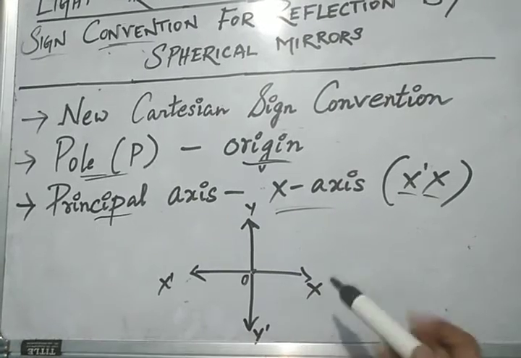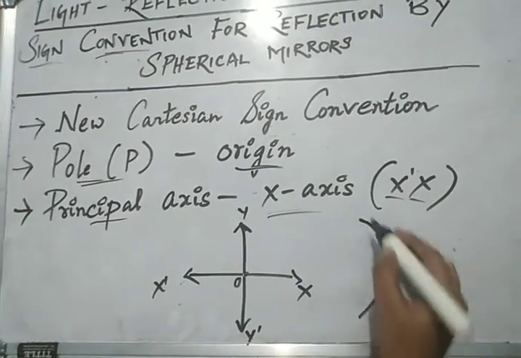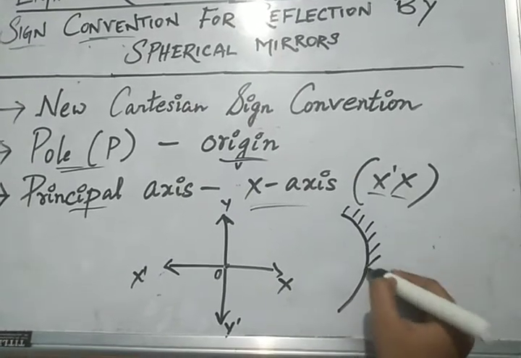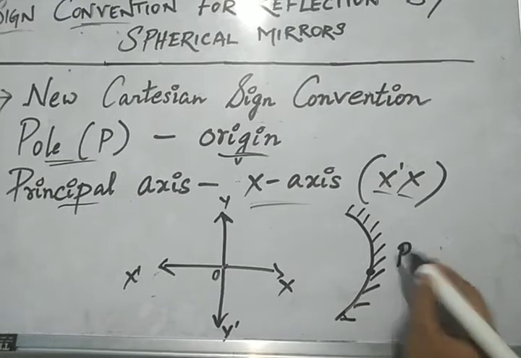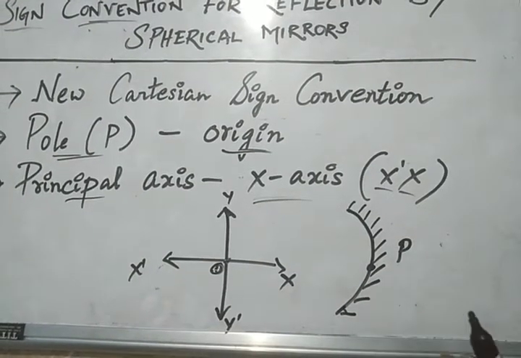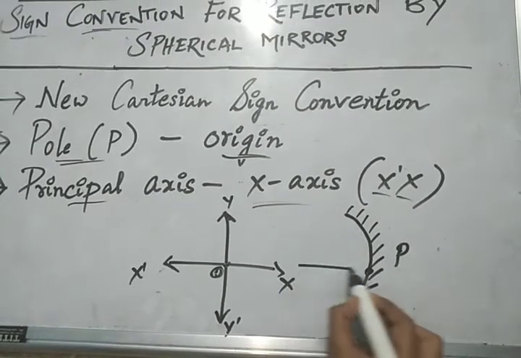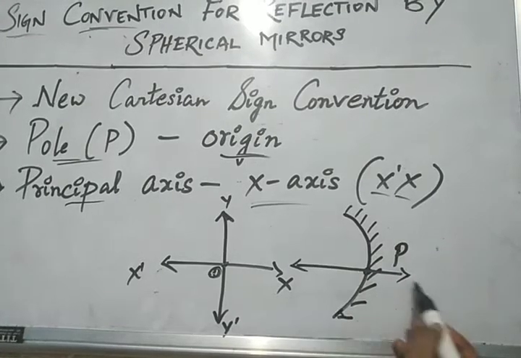Now, which is the origin? Let me take a concave mirror. This is the concave mirror, curved inwards. The pole of the mirror is taken as the origin. This is the origin over here. This is the principal axis, and this is taken as x'x of the coordinate system.